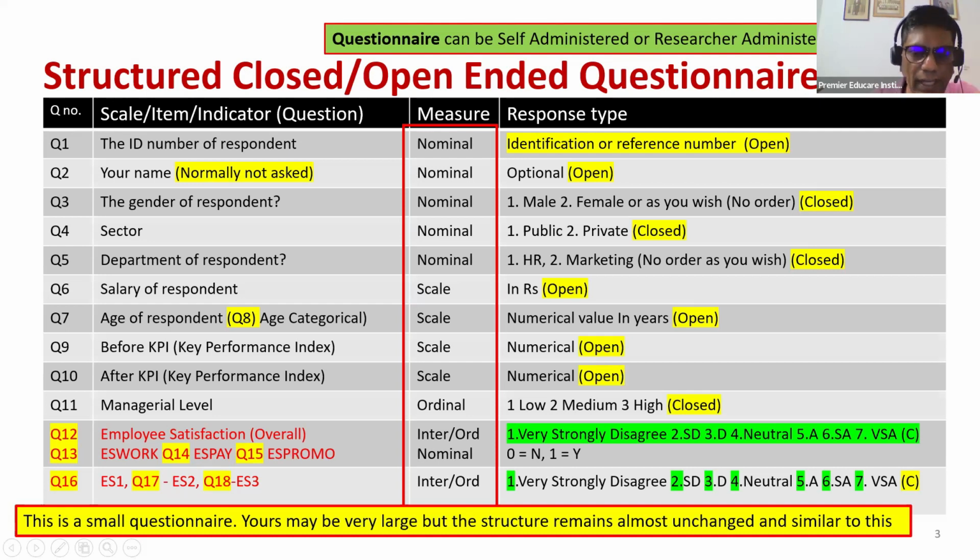So this is coming under the 1. When you put this into SPSS, you will have separate variables. But when you ask this question in the Google form, there's only one question for all these 3. Instead of question numbers 13, 14, and 15, we have one question.